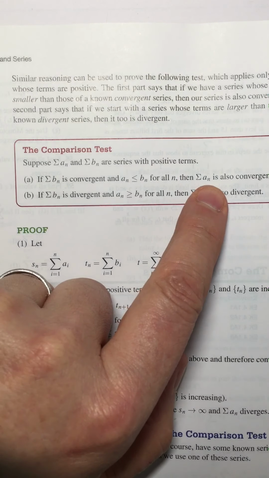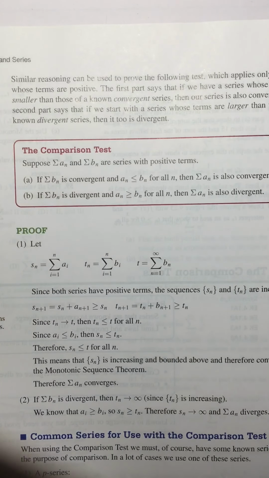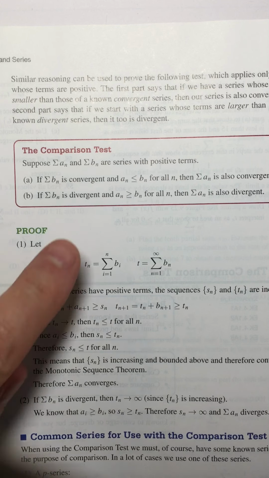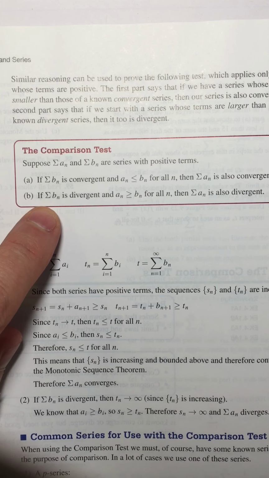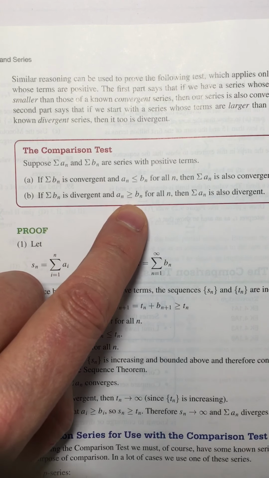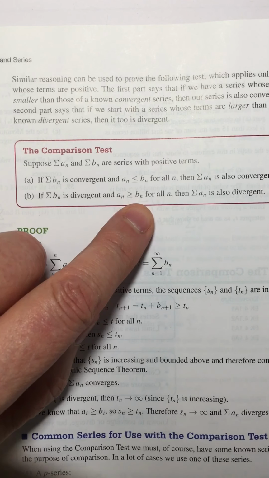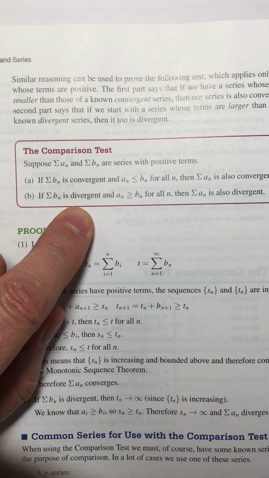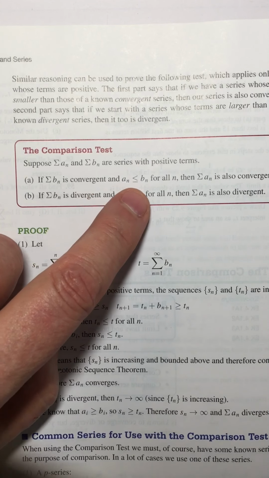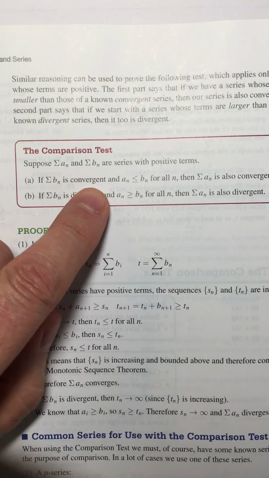I guess a sub n is the test, b sub n is the comparison. So if the sum of b sub n is divergent and a sub n is greater than b sub n, you know that a series diverges if all of its terms are greater than a known divergent series. You know that a series converges if all of its terms are less than a known convergent series.